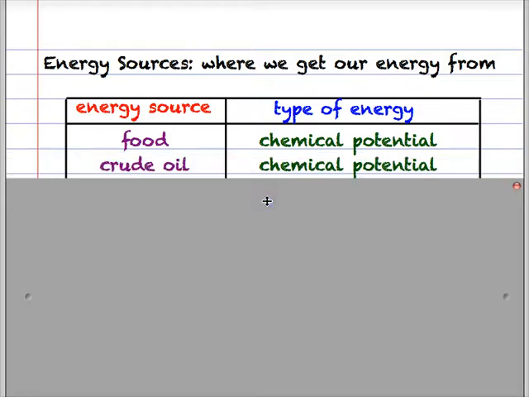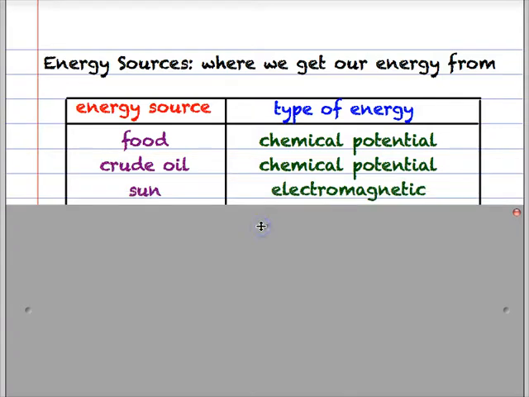Crude oil, we drill into the ground, the oil comes out. It's a product of fossilized, if you like, organisms from a long time ago. And again, we can burn crude oil, releasing the energy, so it has chemical potential energy. The sun is a major source of energy for our planet, and we would say that that has solar energy or electromagnetic energy.